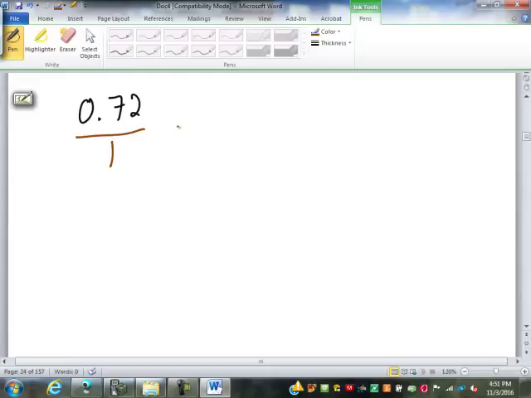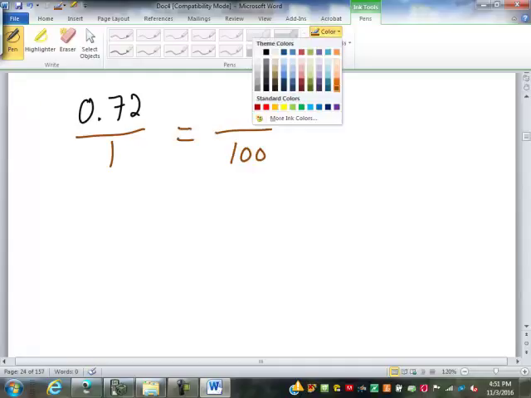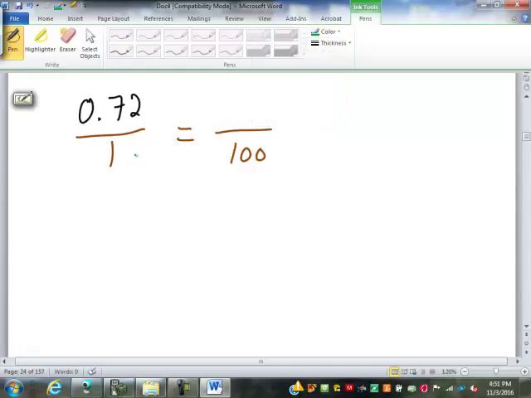But a percent is always out of 100 per 100. So looking at this as fractions, I have to convert the 1 into 100 by multiplying by 100. I have to do the same to my numerator. Multiply by 100. 0.72 times 100 is 72. That becomes 72 out of 100, or 72%.